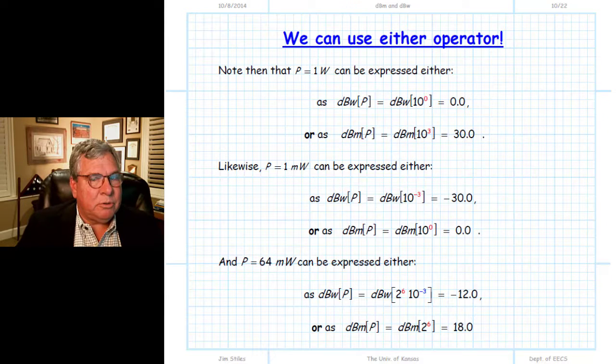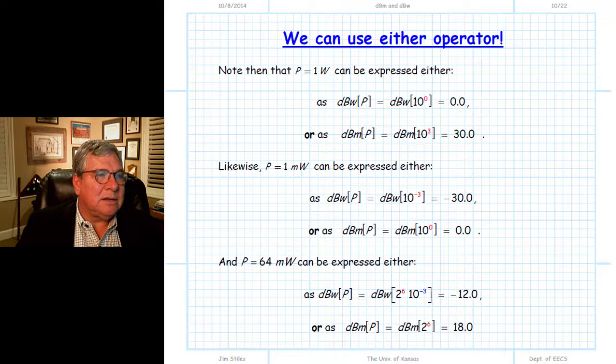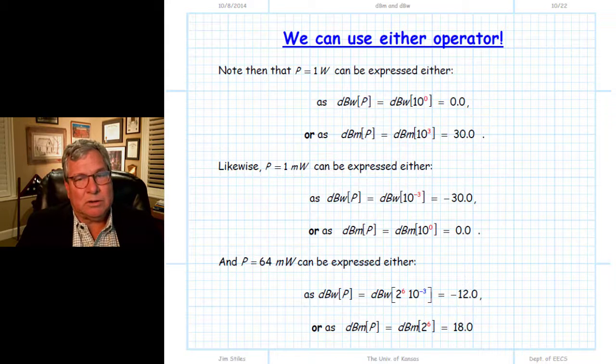Which operator then do we use to express a given power? Just like we can express any power in terms of milliwatts or watts or kilowatts or microwatts, we can express that value with a decibel operator in terms of dBw or dBm or some other normalization factor.